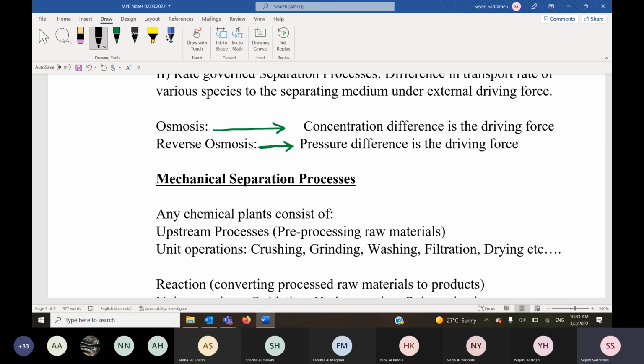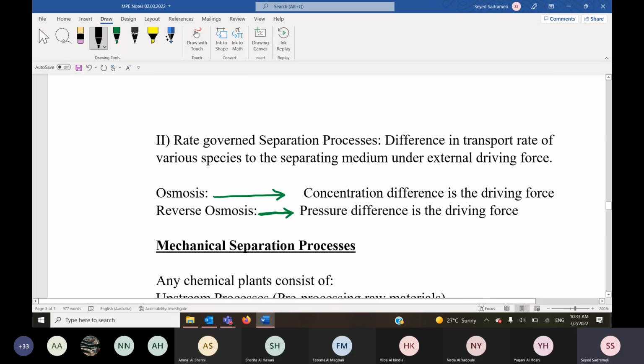But we are not going to talk about all of these above. Distillation processes will be discussed in thermal separation processes. In this course, we are going to talk about mechanical separation processes, everything which is based on mechanics.